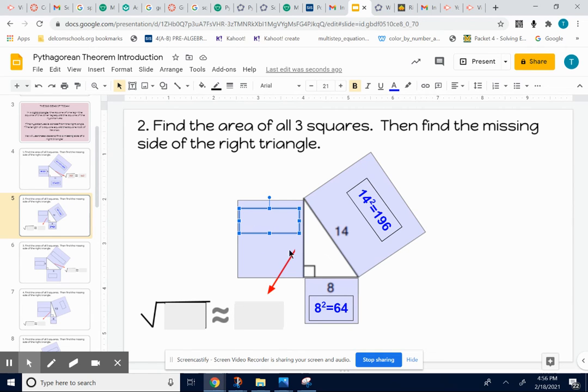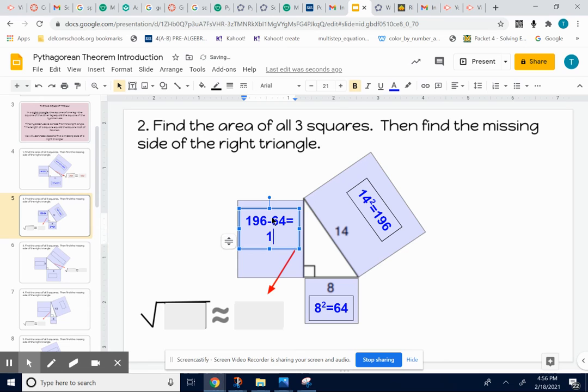So these two small squares add up to the big square. I'm not going to add like I did on the last problem. You know what I'm going to do with the 196 and the 64? I have to subtract to find the missing square. So I'm going to take 196 minus 64, and that gives me 132.